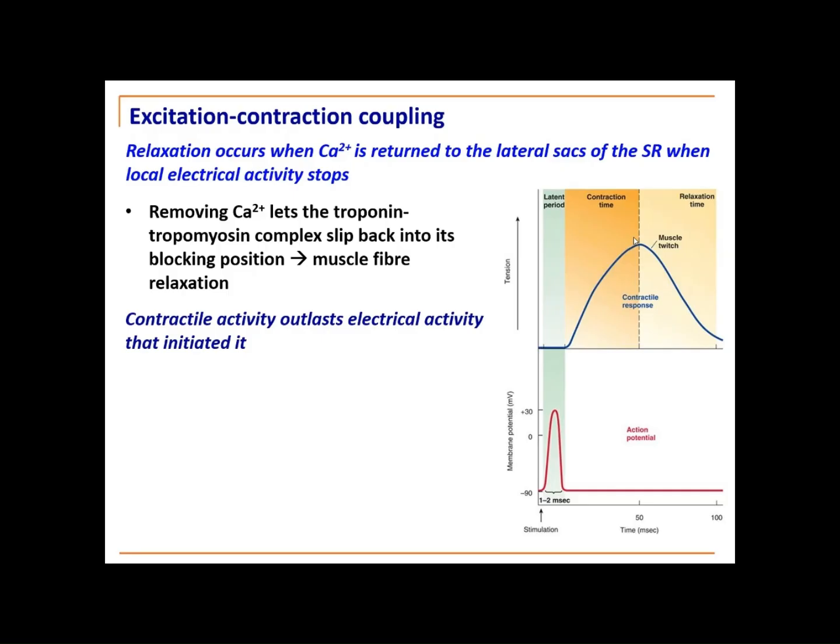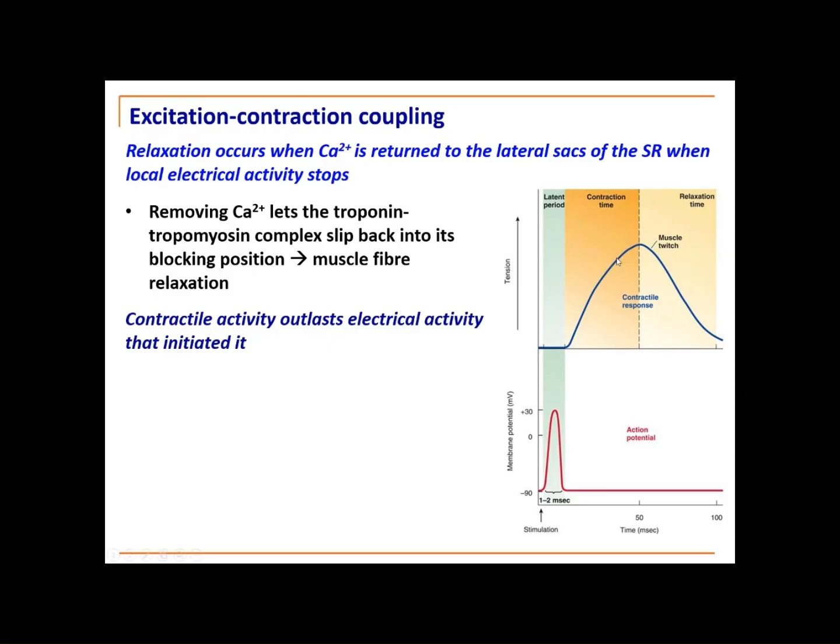Like I said, the muscle fibers peak at about 50 milliseconds, and the contractile response does not end until the sacs themselves have taken up all the calcium released in response to the action potential. Obviously this is a bit time consuming, so it takes around another 50 milliseconds for this to happen. And even after the calcium has been removed, time is still taken for all the fibers to return to their resting state.